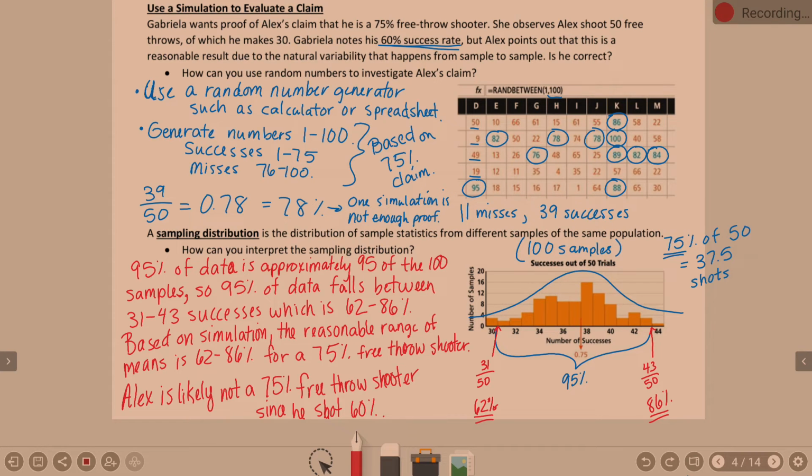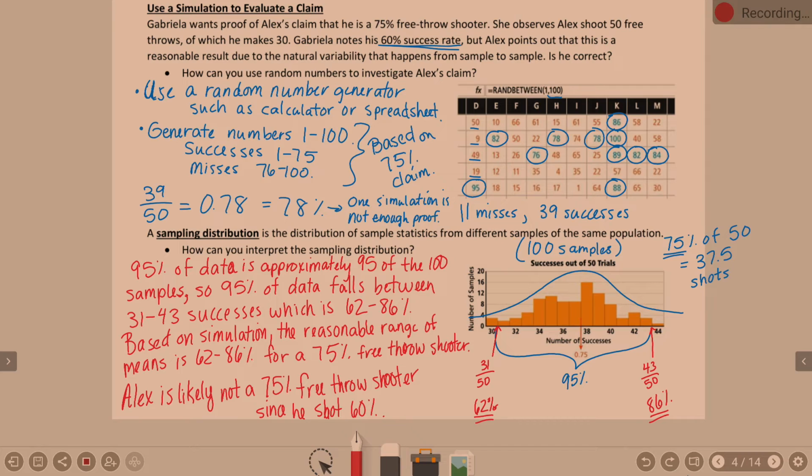When you flip over to the next page, we just have two quick questions we're going to consider before we go in and talk about margin of error. As you look at the top of the next page, the question is, how would your conclusion differ if you did 100 simulations of 10 shots each?